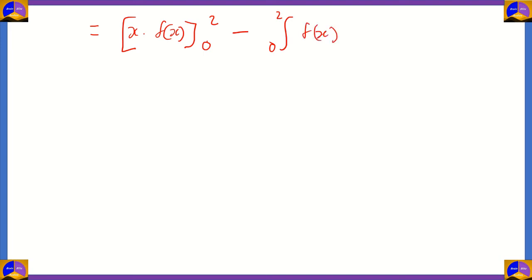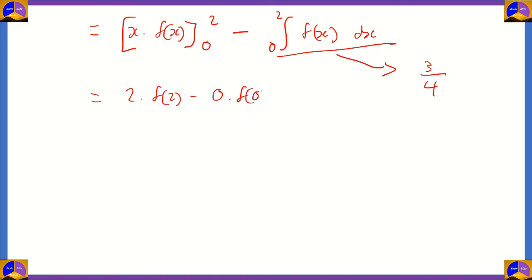So f of x dx. Now integral 0 to 2 f of x dx, we already know the value of the second part. It is 3 by 4, and you can write 2 times f of 2 minus 0 times f of 0, just putting in the limits for the first part, and then minus 3 by 4.